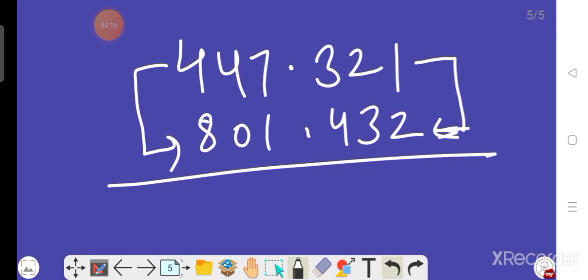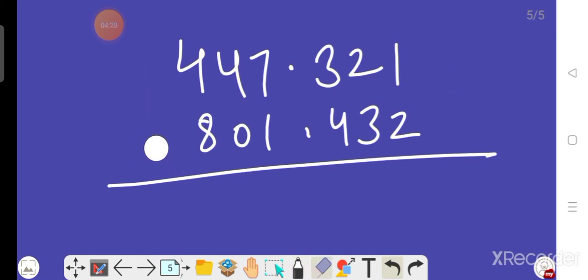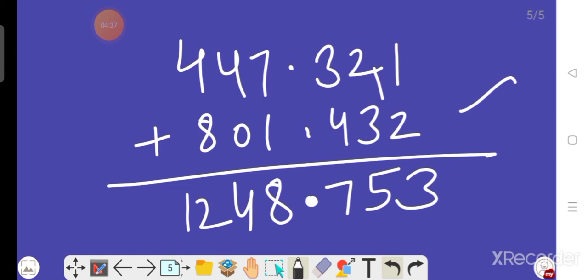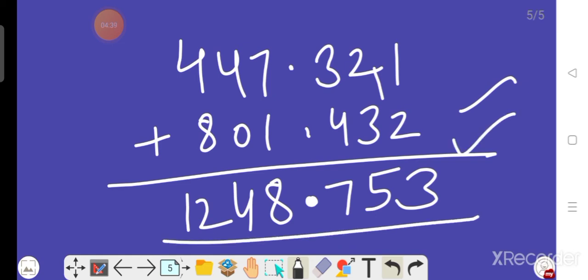We have to do addition, starting from the right side. So 1 plus 2 is 3, 2 plus 3 is 5, 3 plus 4 is 7. Put the decimal on its position. 7 plus 1 is 8, 4 plus 0 is 4, 8 plus 4 is 12. This is the way by which we can add two given decimal numbers.